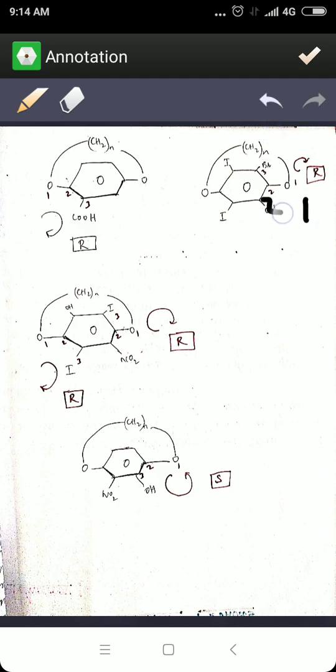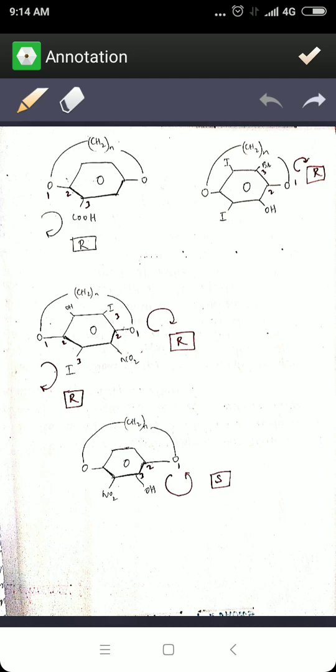Oxygen gets 1, 2, and then we number the carbon 3 which is attached to the bromide. Since it is in the clockwise direction, we are going to assign it as R. Here hydroxyl is getting the least priority, and hence we are not going to number it as 3, but the priority goes to the bromide, and hence it is the clockwise direction, and you are going to get the R configuration for this example.